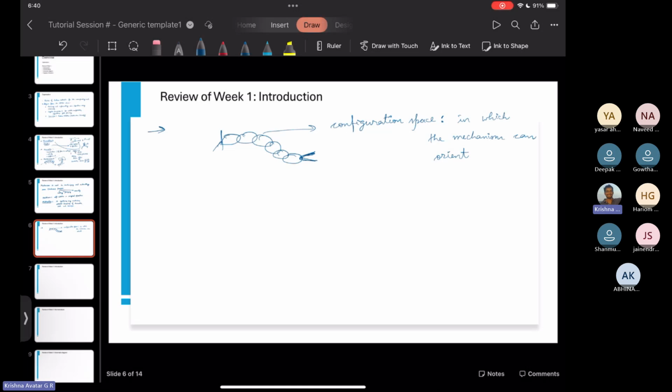If we are working in 3D, then obviously the mechanism can take any point in that 3D space. That is what the configuration space is. And if we have a planar mechanism, then the configuration space will be 2D.